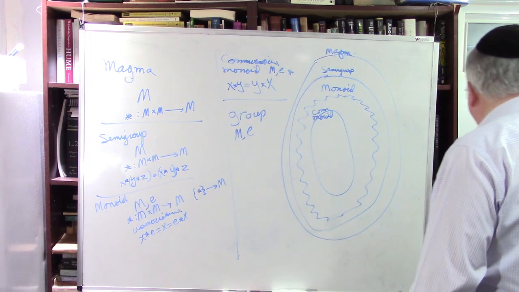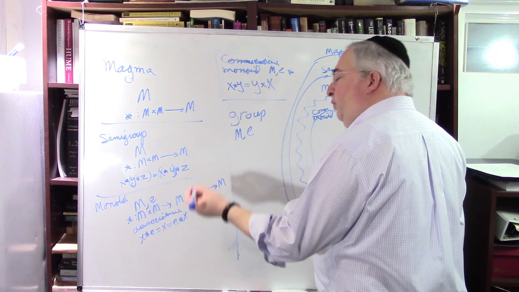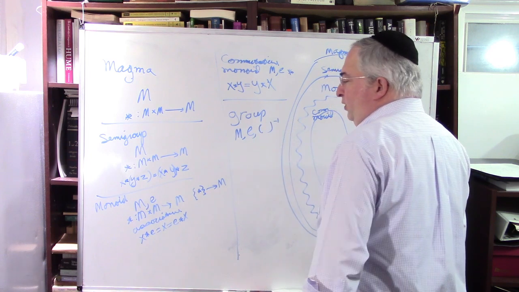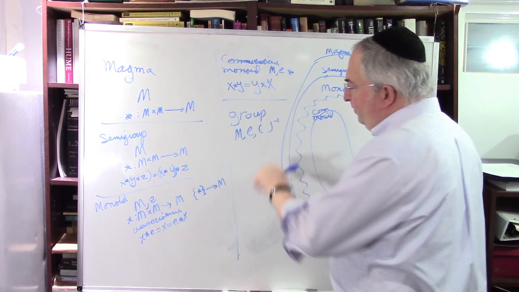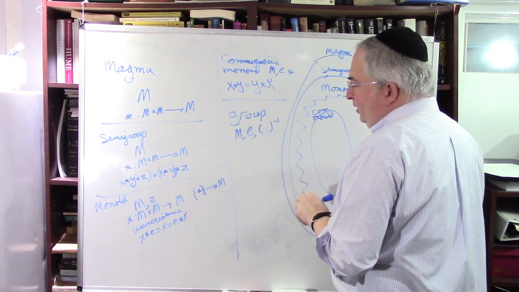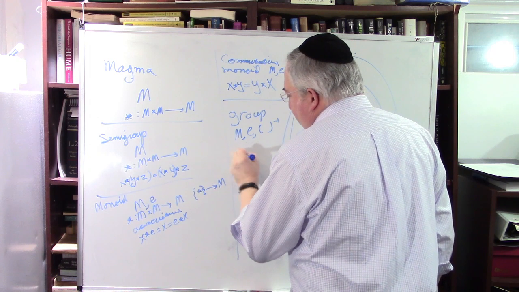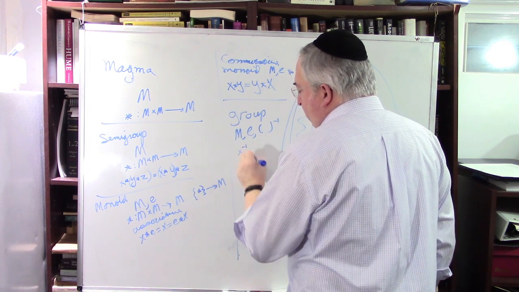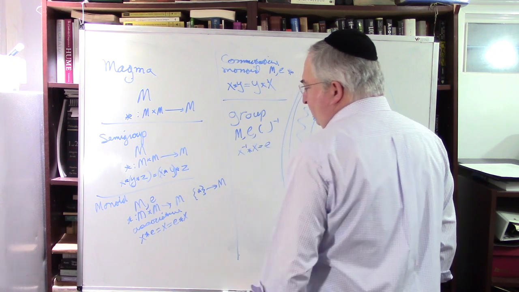But it also has another operation, which we saw already, called the inverse. Given an element x, there's another element x minus 1, and if you multiply that by x, you get the identity.